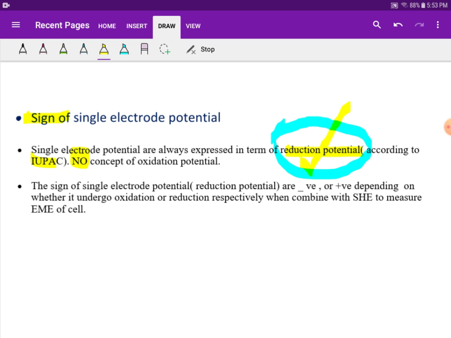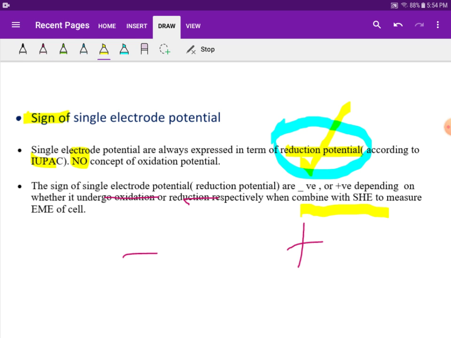The sign of the single electrode potential, that is the reduction potential, is either negative or positive, depending on whether it undergoes oxidation or reduction respectively when combined with SHE.